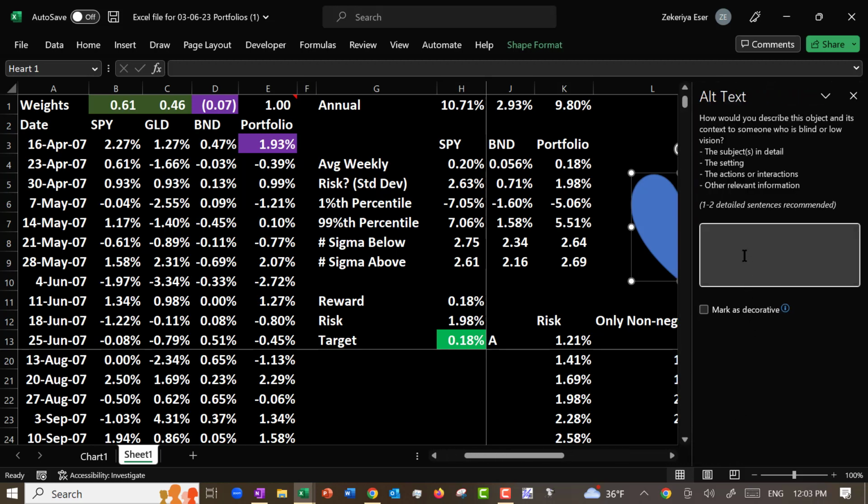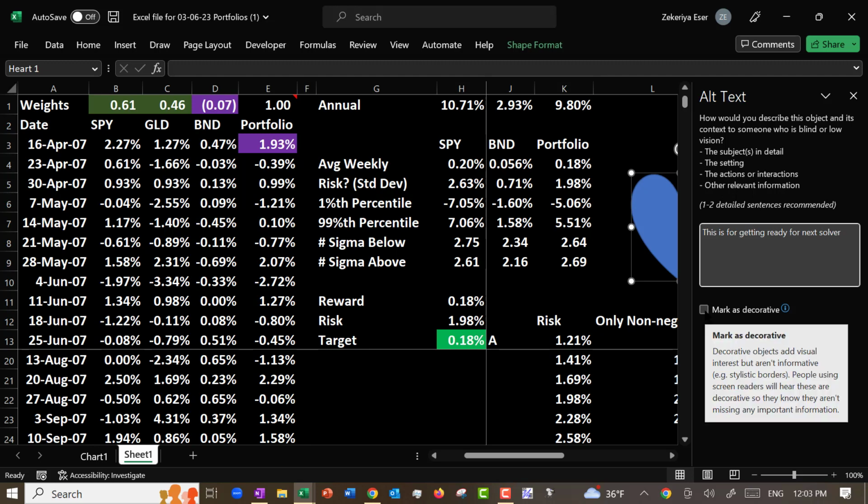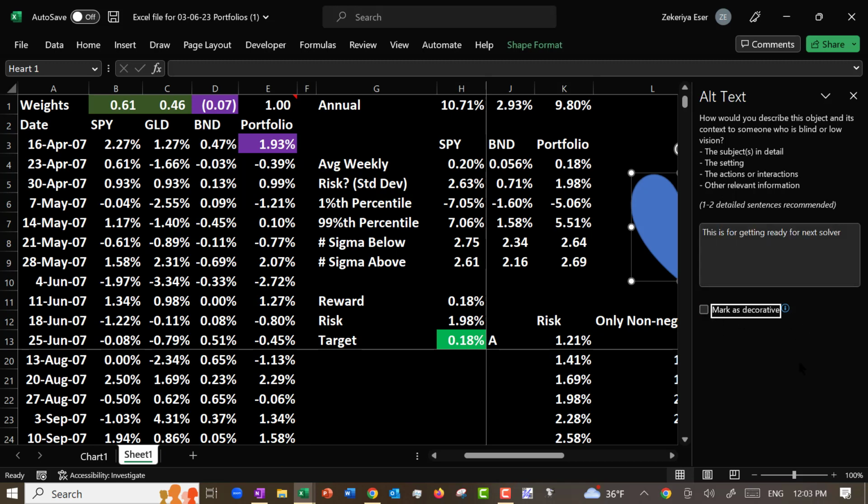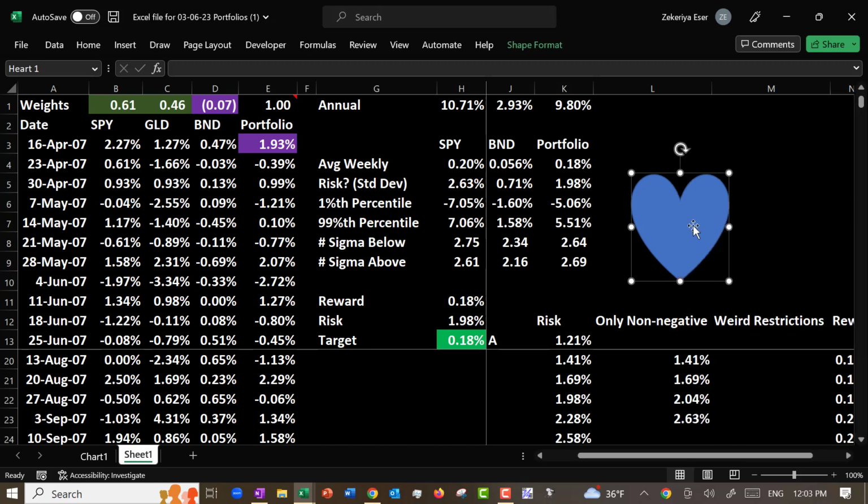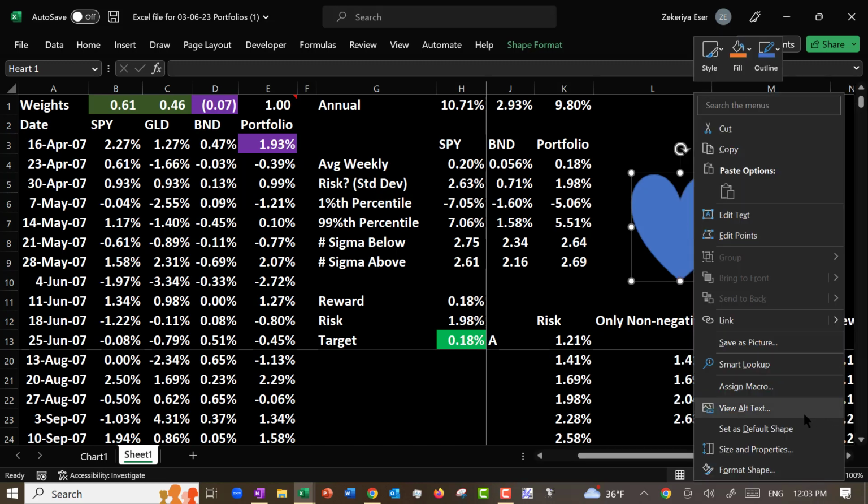Alt text. This is for getting ready for next solver. I don't know what that means. Apparently that's not the alt text. Edit text.